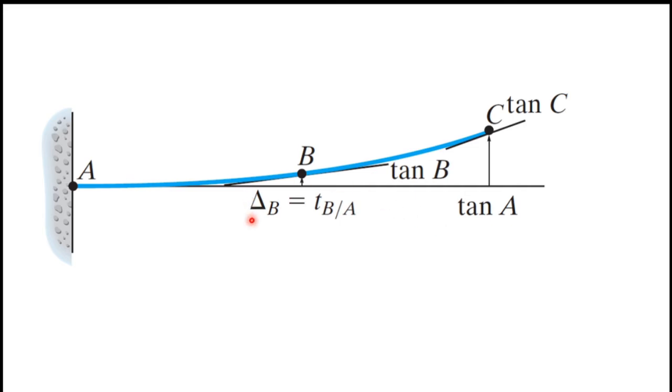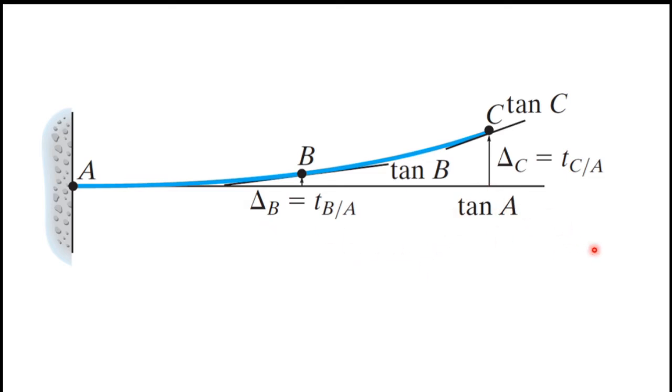So therefore I can write delta B equals TB with respect to A. Also for point C, I can write the deflection of point C as delta C equals TC with respect to A. So that's how we mark deflections of points with respect to tan A.